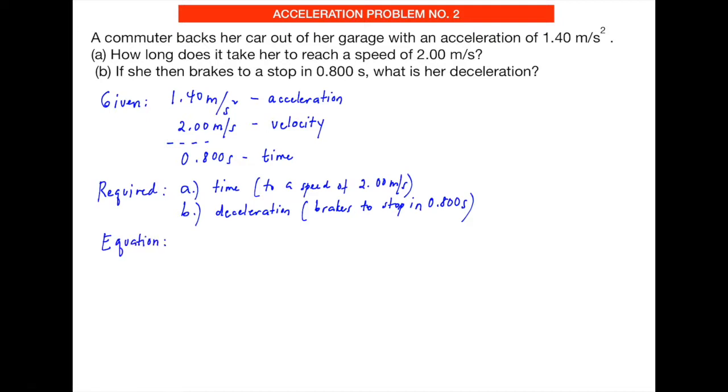So now, what is our equation? Our equation here is simple, since we have acceleration, that is simply v final minus v initial over time. Right? So, for letter A, we are required for time.